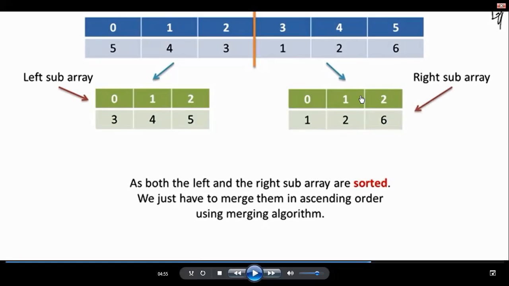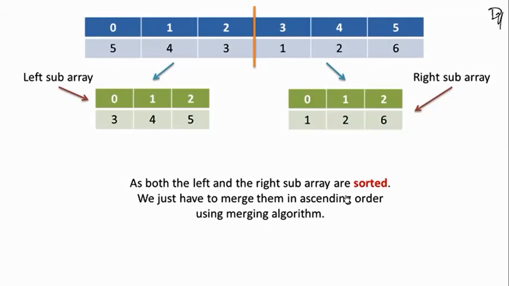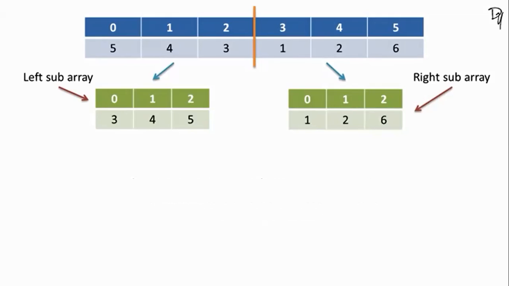Now we have to merge those two subarrays again in ascending order, right? The left subarray is properly sorted, the right subarray is also properly sorted. Now each and every element we have to take and then fix in a proper position. So starting with, the value 1 should go in that position.